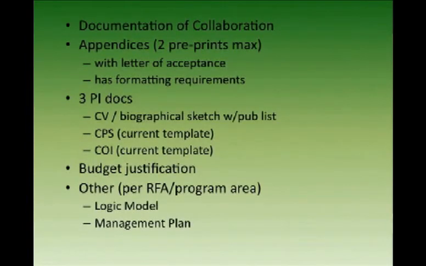For this AFRI, I wanted to point out specifically that in the appendices in the past, you could attach reprints in all the RFAs. It specifically says preprints this time, with a letter of acceptance from the peer-reviewed journal, and there are formatting requirements. I wanted to point that out to you.